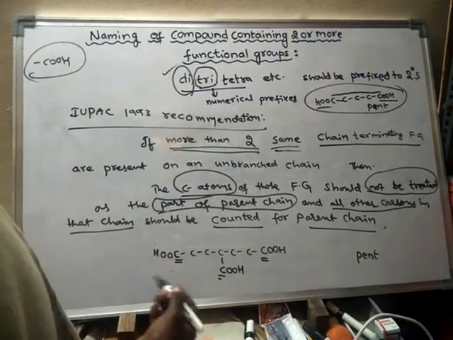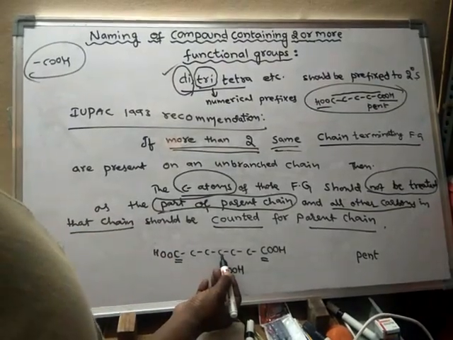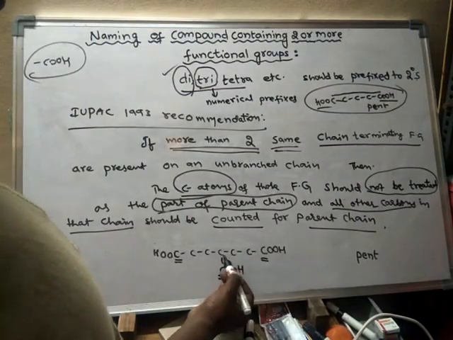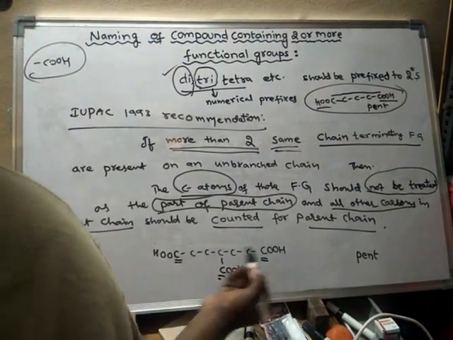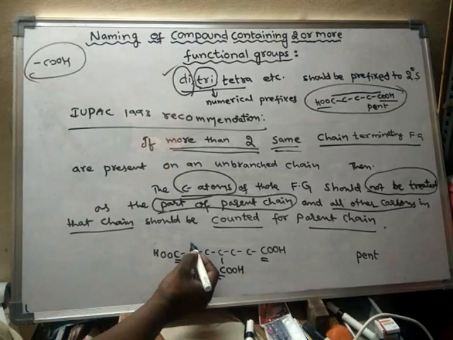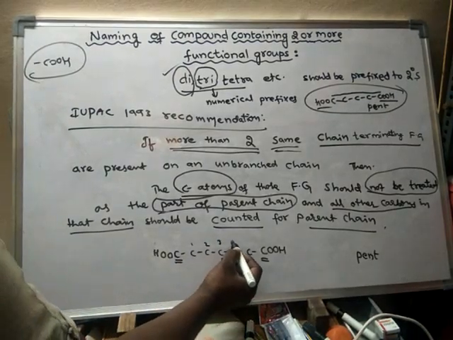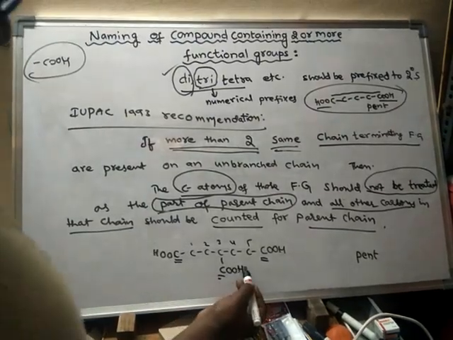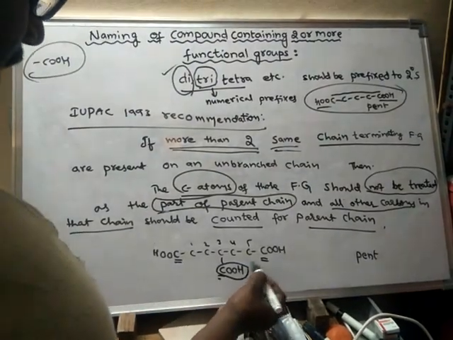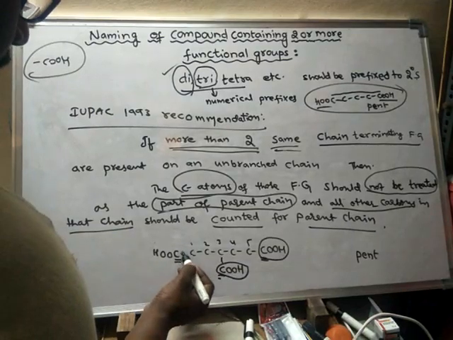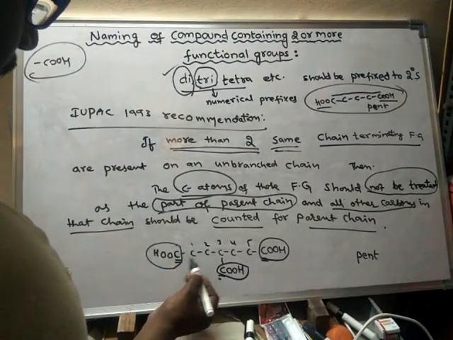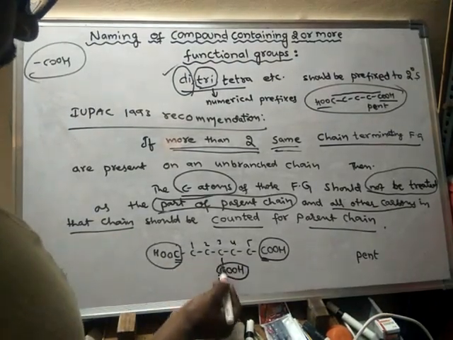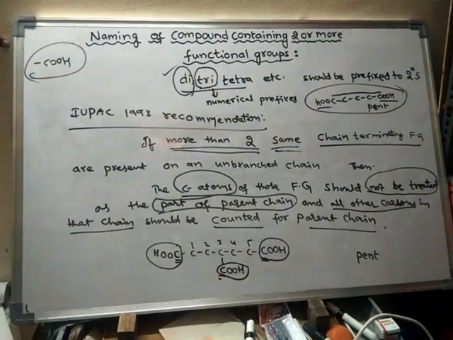Now give numbering 1, 2, 3. I may give numbering from any side, 1, 2, 3, 4, 5. Where are these chain terminating functional groups located? One is on the first carbon, one is on the third carbon, and another one is on the fifth carbon.